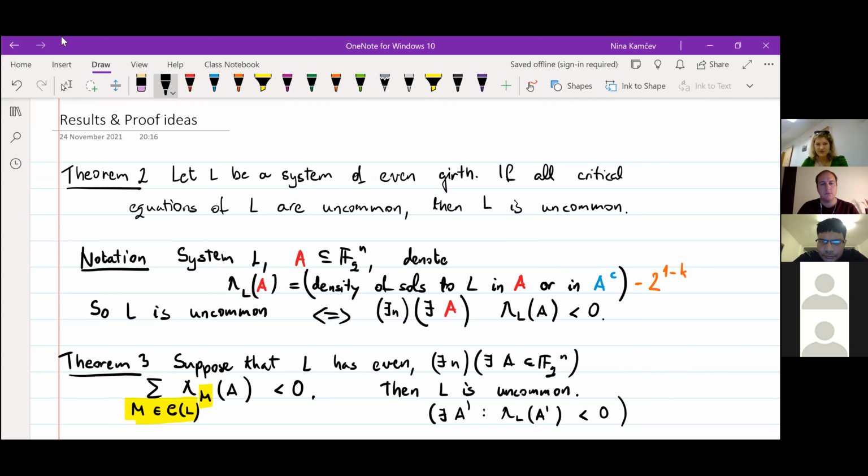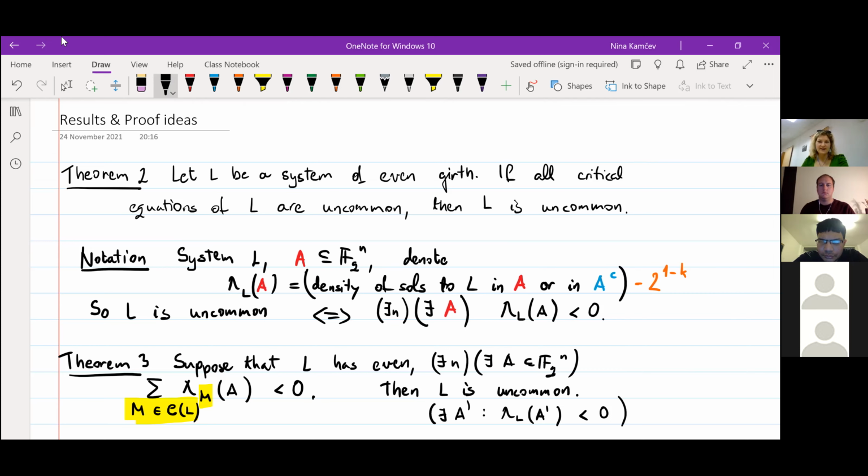However, if you tried to naively derive theorem 2 from theorem 3, you would say, okay, this L is a system whose critical equations are all uncommon.